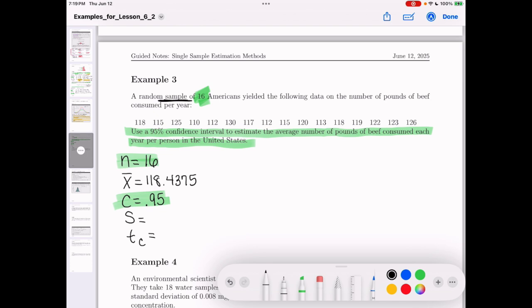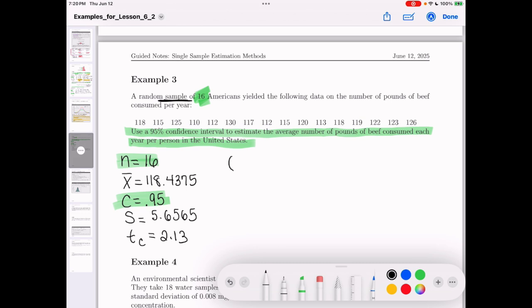We got that our sample standard deviation, the S, was 5.6565. And we got that our t-score for a 95% confidence with a degree of freedom of 15 was 2.13.